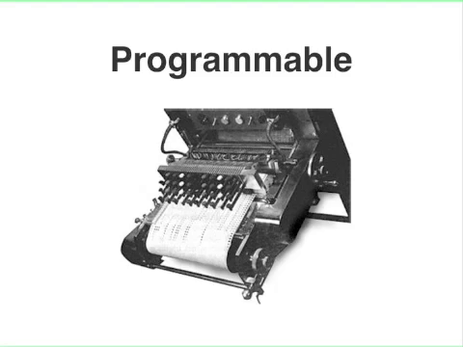first programmable synthesizer. Essentially what it did is it ran long scrolls of paper which had different notes punched out on it, much like an old piano scroll in a player piano.